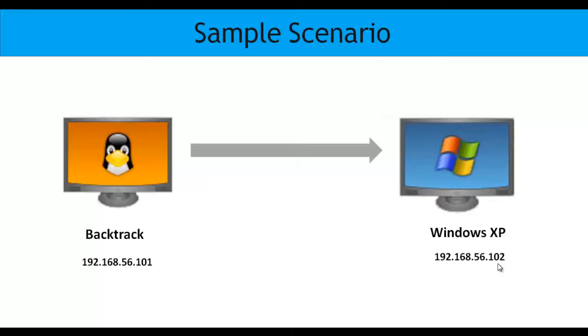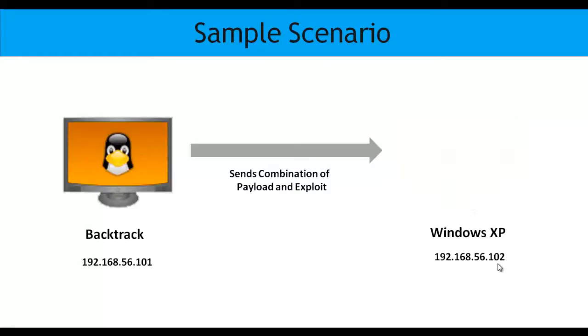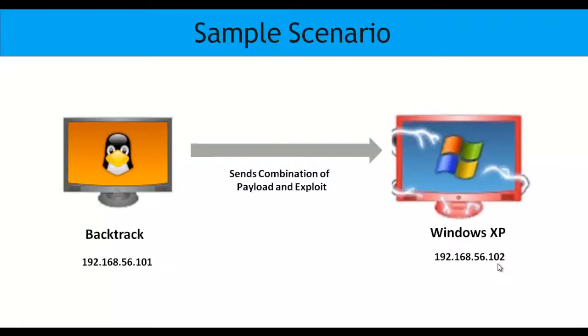We'll try to attack from this Backtrack machine. It sends a combination of payload and exploit using Metasploit, and ultimately the Windows XP system will be hacked.